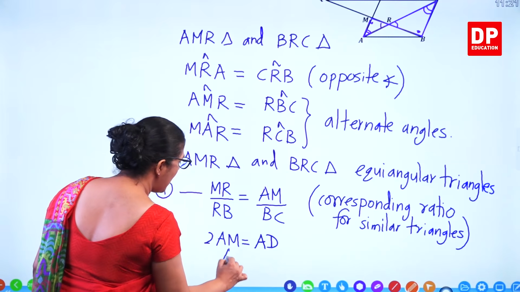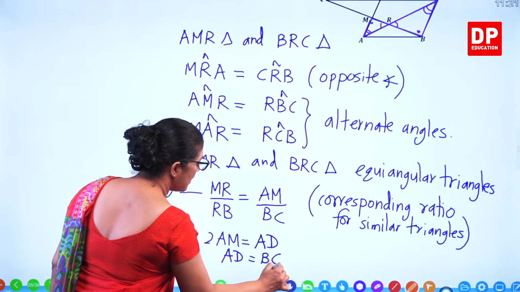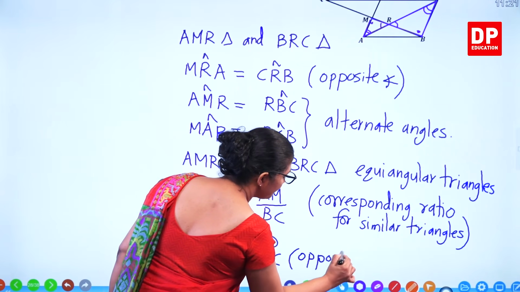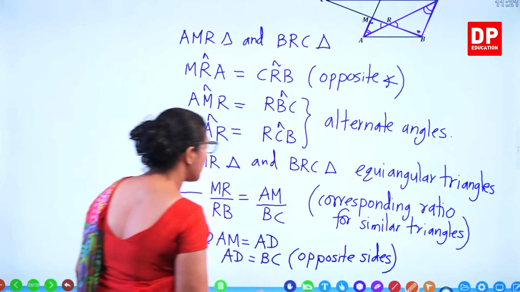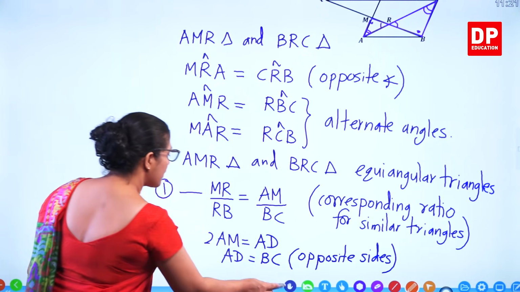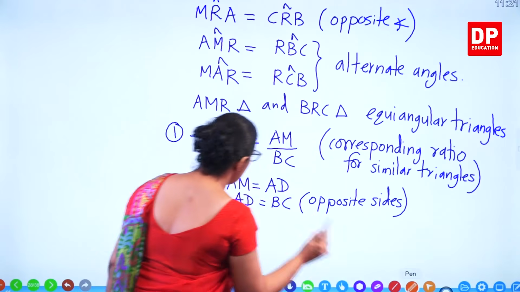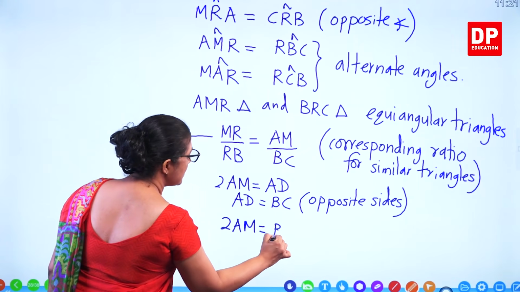But we know AD and BC both are equal, opposite sides of a parallelogram. Opposite sides of a parallelogram are equal. So what can you say about these two? You can say 2AM is BC.